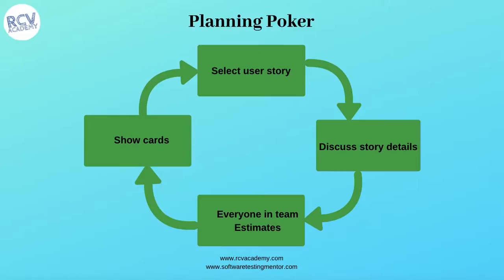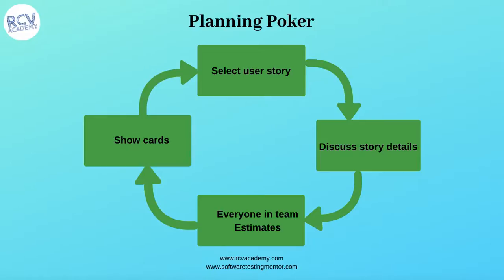You discuss the acceptance criteria in the story, you clarify all the doubts, and the risks associated with the story are discussed and categorized. Once all that discussion happens, the tasking happens.